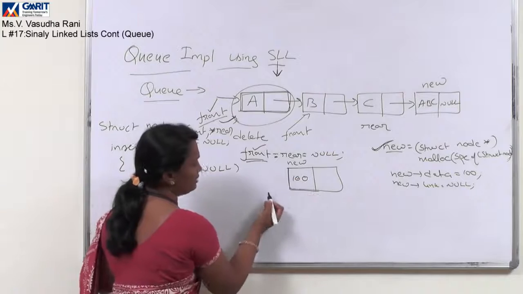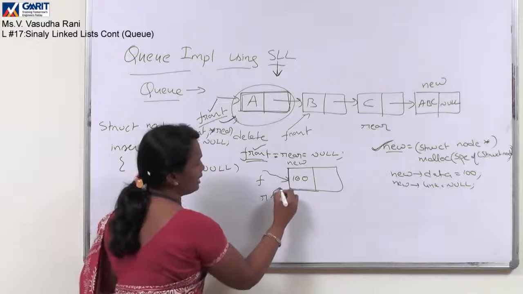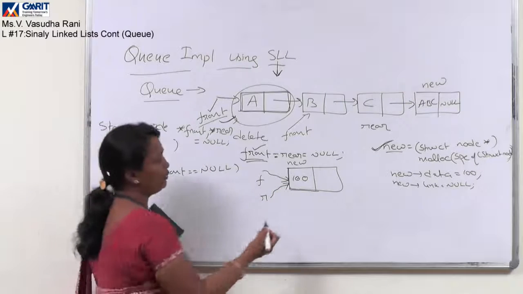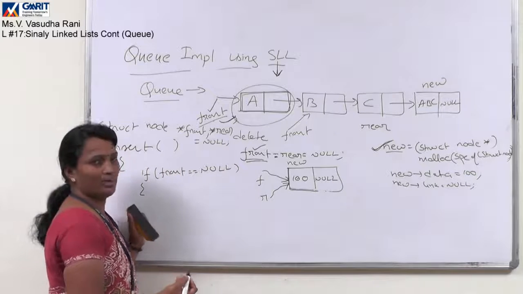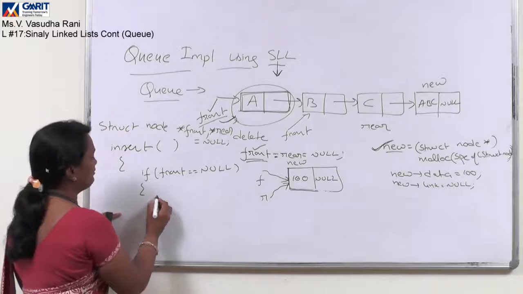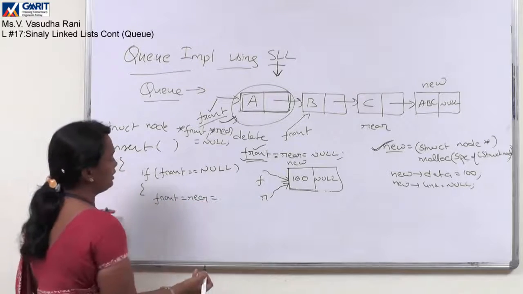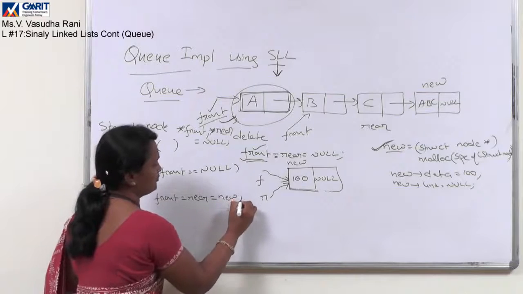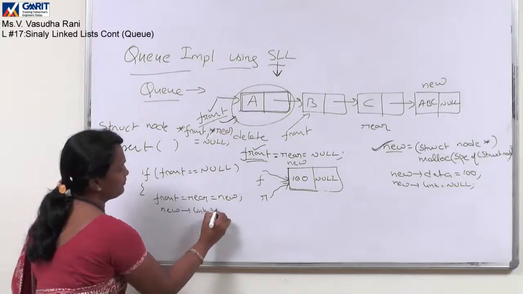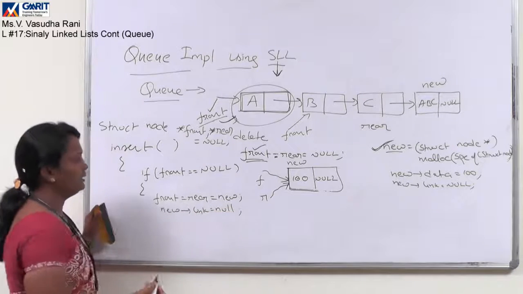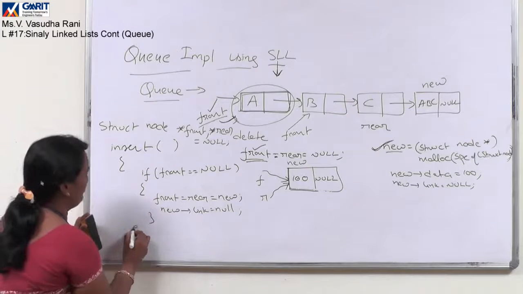After this node is inserted into the queue, your front has to refer this particular node and rear also has to refer this particular node, and this node's address part should have null. So for that we can write front equal to rear equal to this new, and this new's link is null. This is the first case.